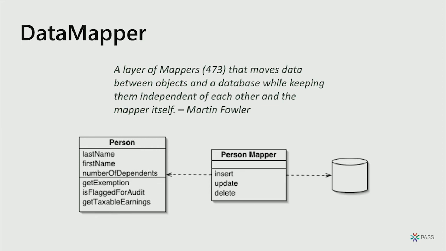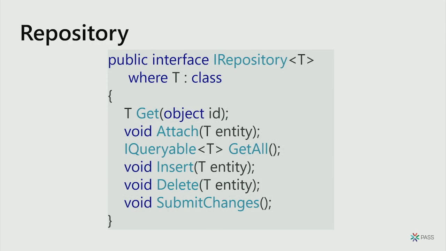Now, on top of that, we may want to have common behavior across multiples of these mappers, and that's where a repository comes into play. And so with a repository, then we can have a generic interface and say that everything that we're accessing in our system is going to have that same behavior of the interface.